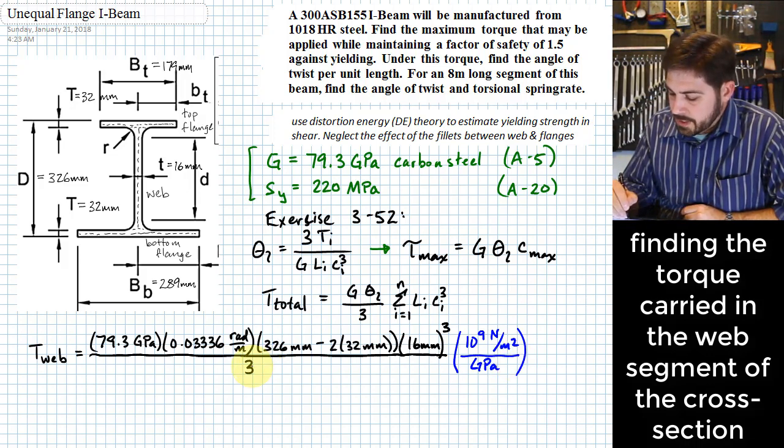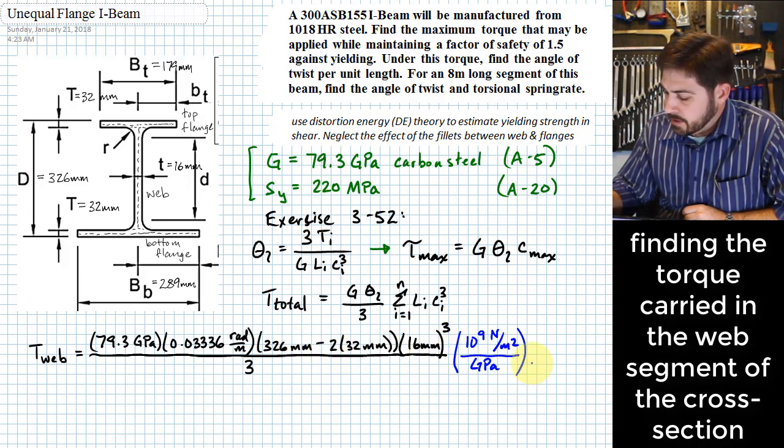The other one that I need to look at are my millimeters here, and we have here millimeters cubed. We also have another factor of millimeters, and so I have 1,000 millimeters in 1 meter, and I need to take that and put it to the 4th.